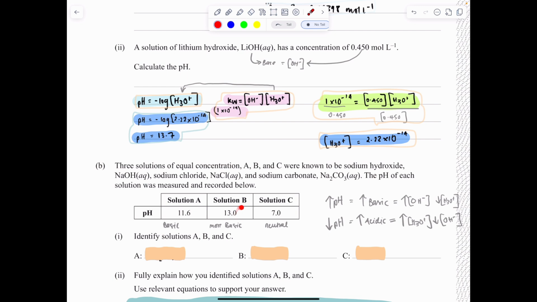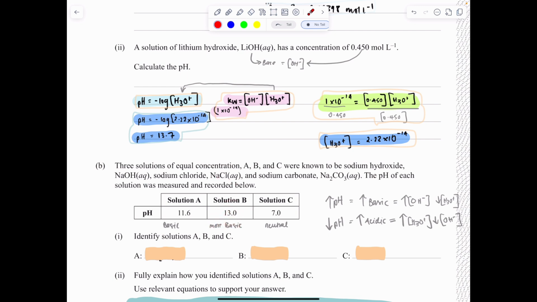We've got the pH values. So, as you can see, solution B has the highest pH. Because it has a high pH value, this means it's more basic. This means that there is a high proportion of OH- ions and very little or none of the H3O+ ions. Okay? So, this must be a strong base.